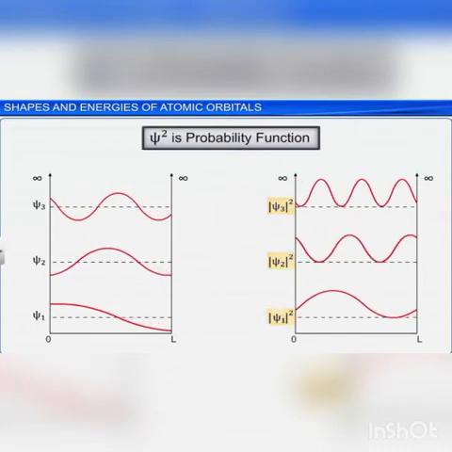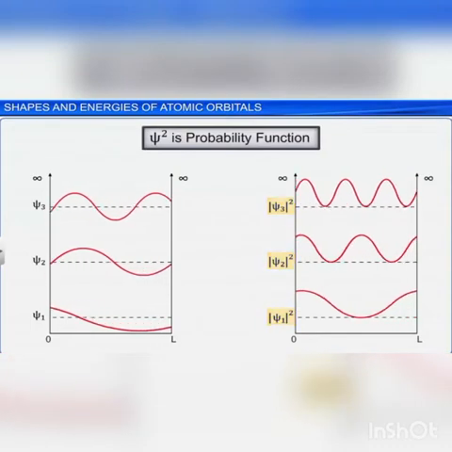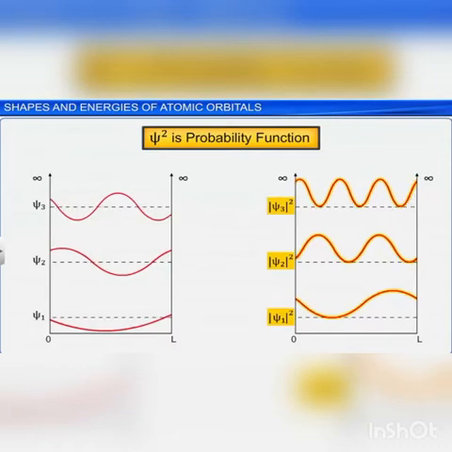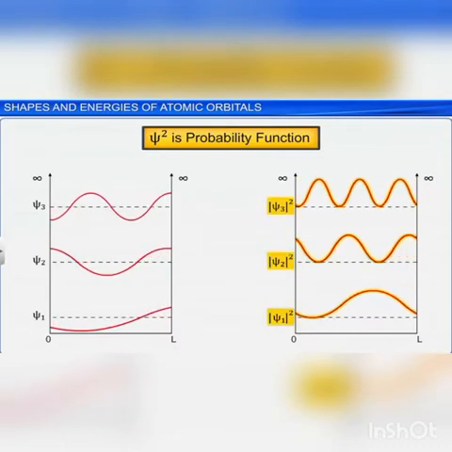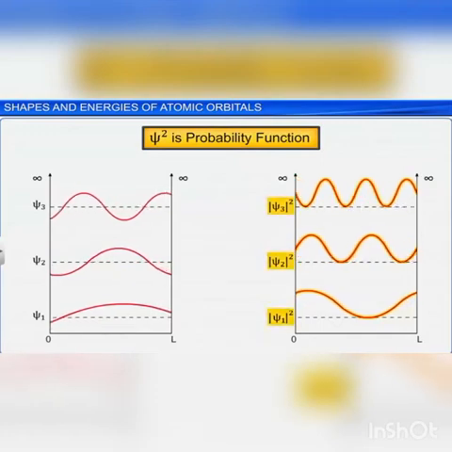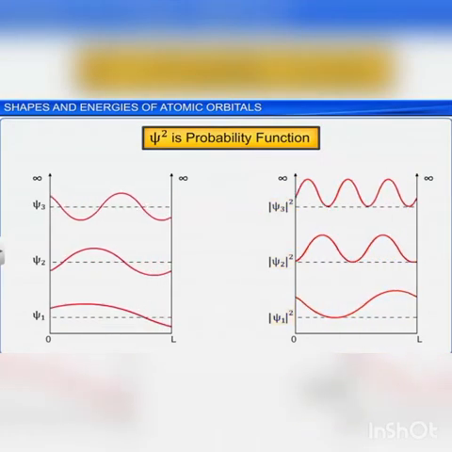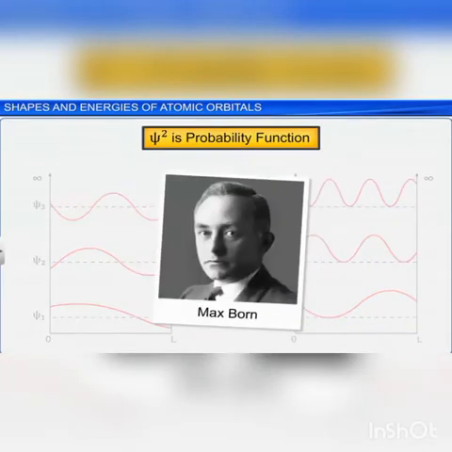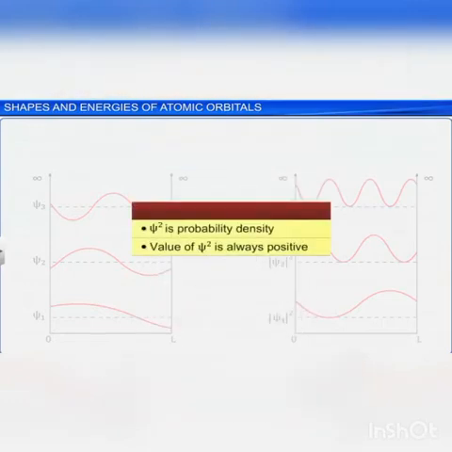Therefore, the square of the amplitude of the electron wave, that is, psi square, gives the probability of finding the electron at a point within an atom. This was predicted by German physicist Max Born. That is why the function psi square is called probability density and is always positive.